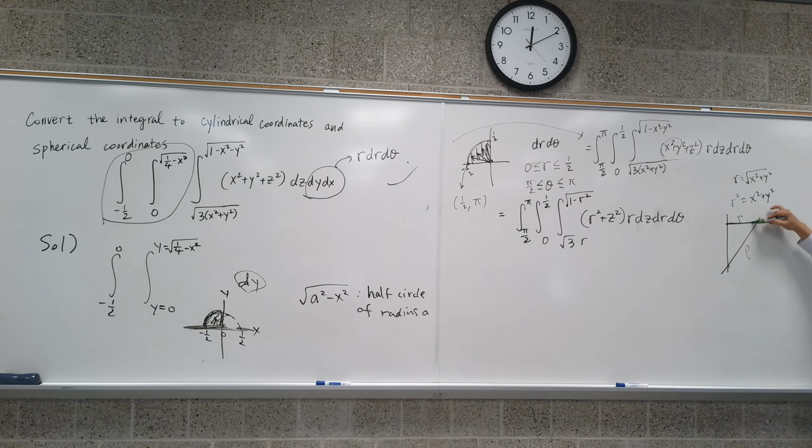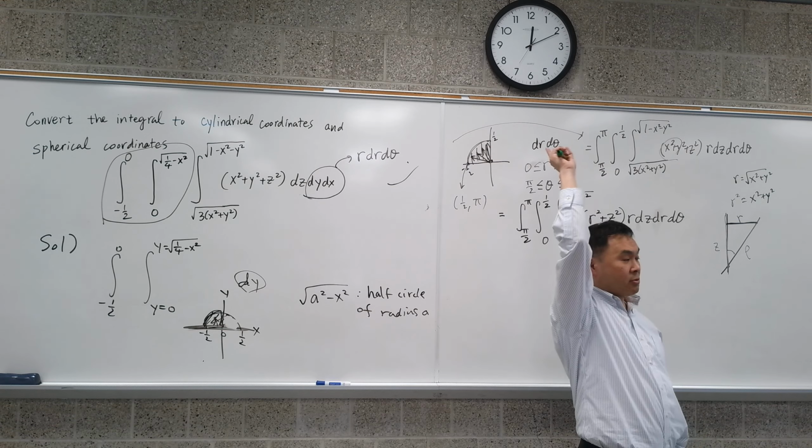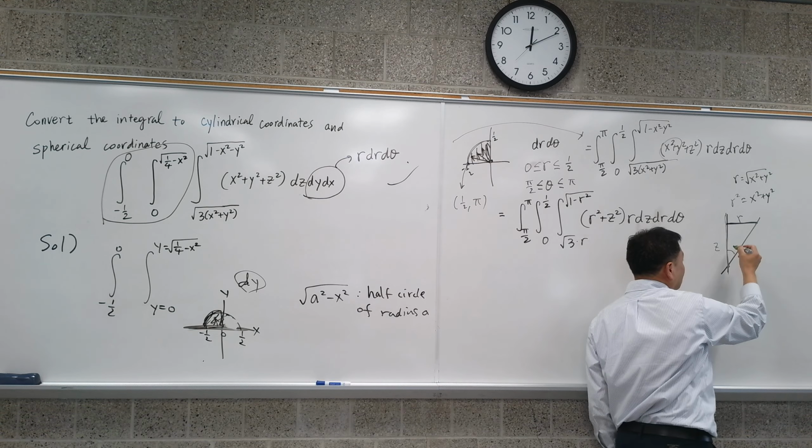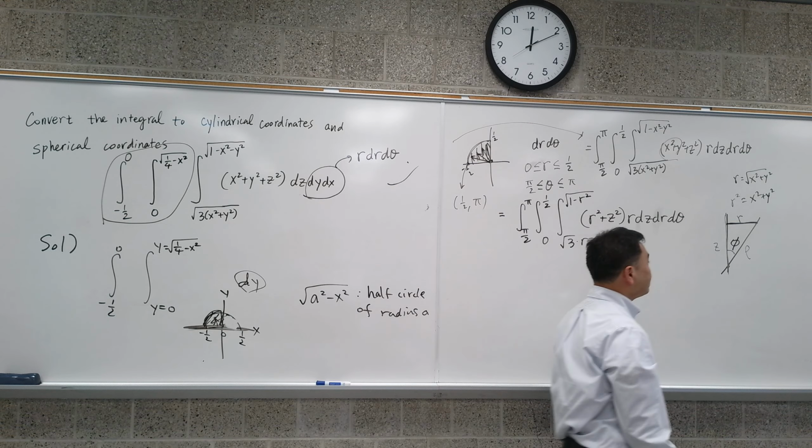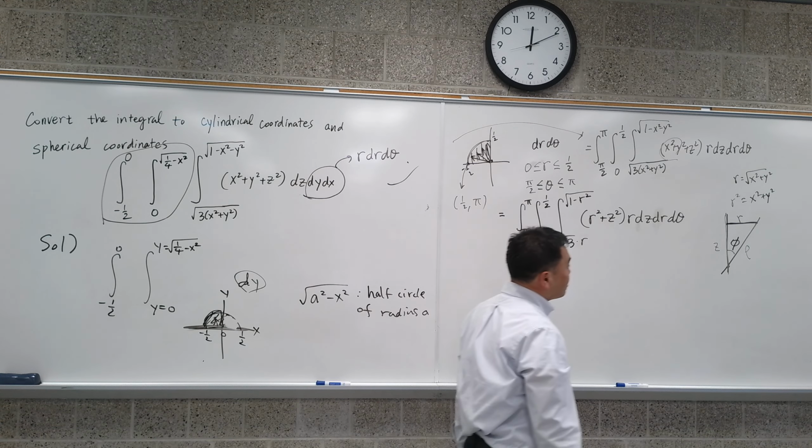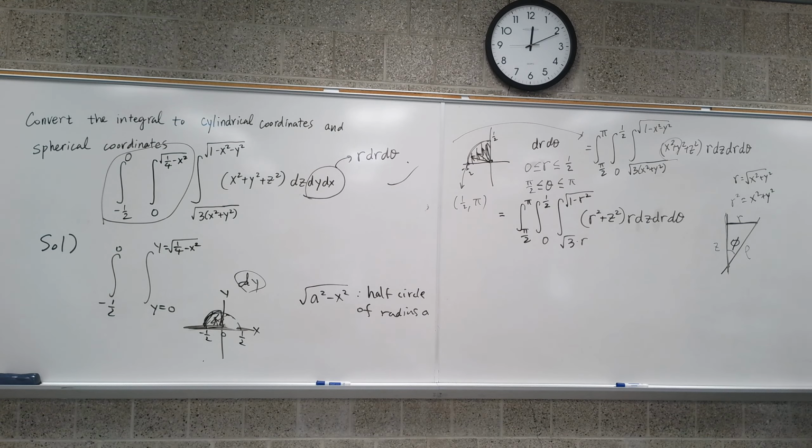This length is r from the cylindrical coordinates. And of course this length is z, because that's the z coordinate. And the angle from the North Pole to that point is what we call phi. From there, we have several nice equations we can use. Z equals rho times cos phi.